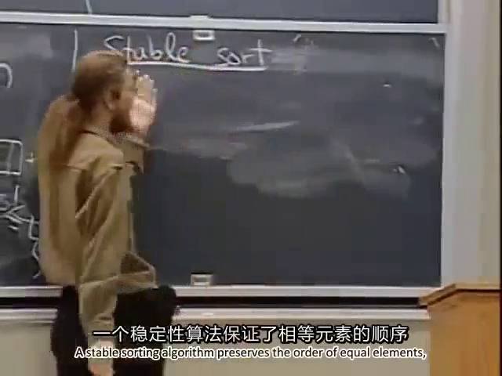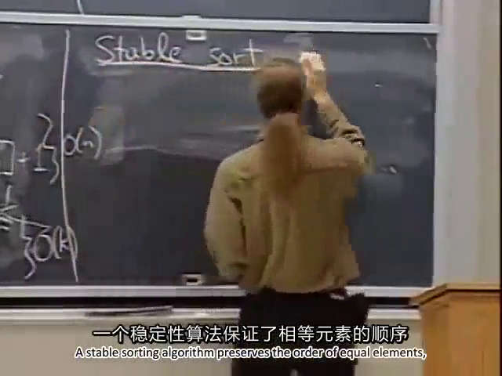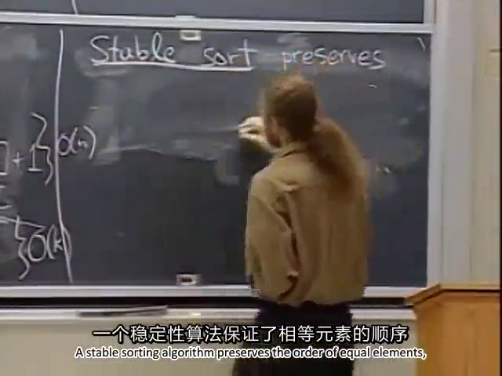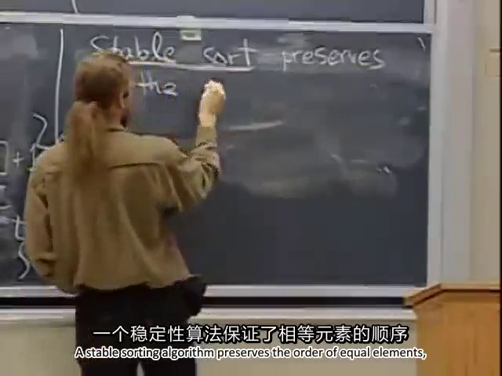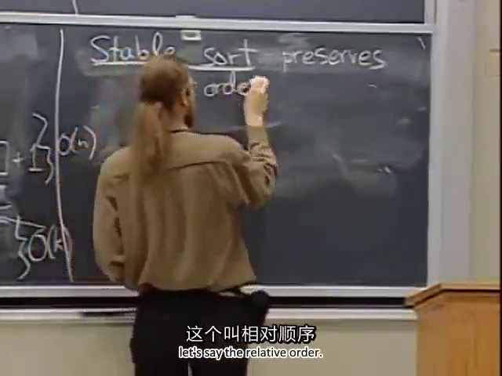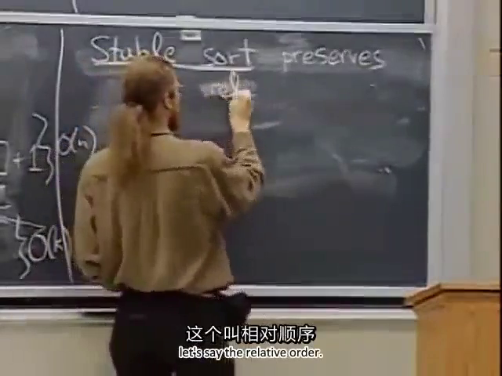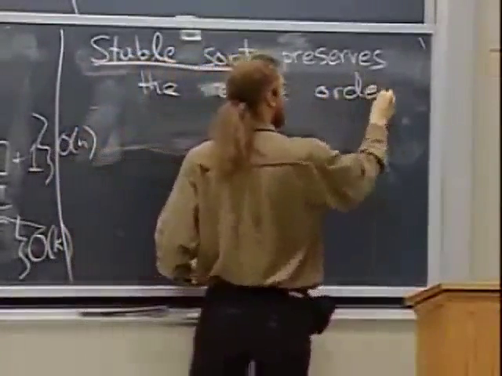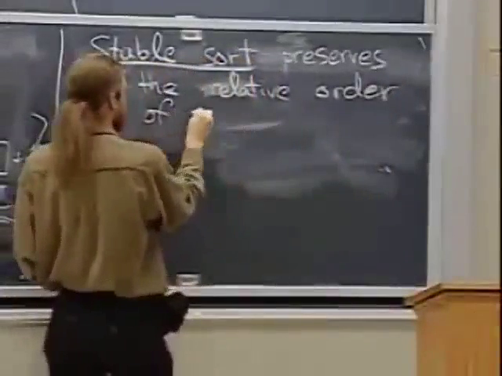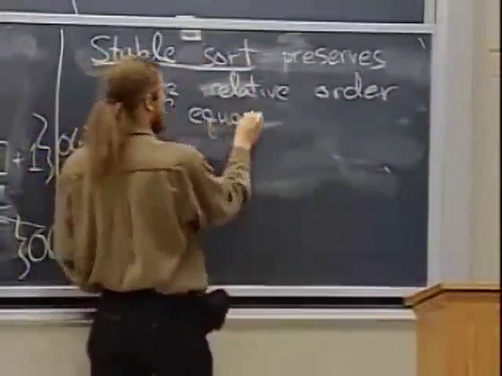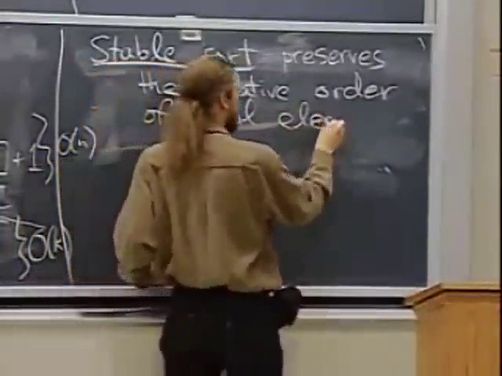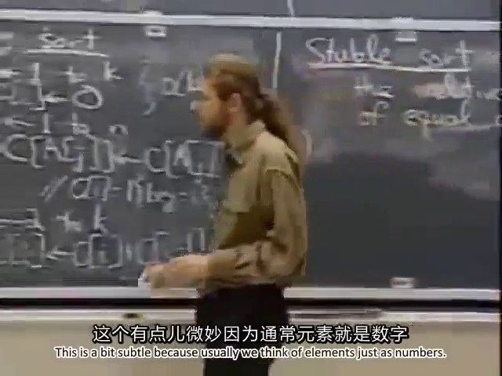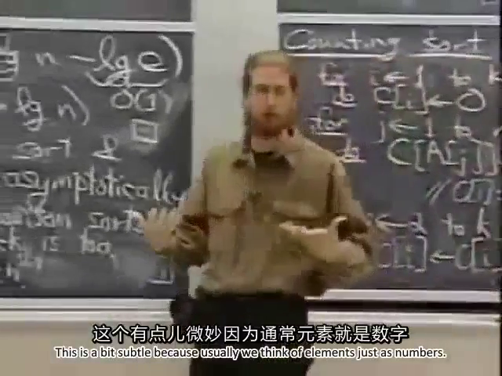So a stable sorting algorithm preserves the relative order of equal elements. This is a bit subtle because usually we think of elements just as numbers.